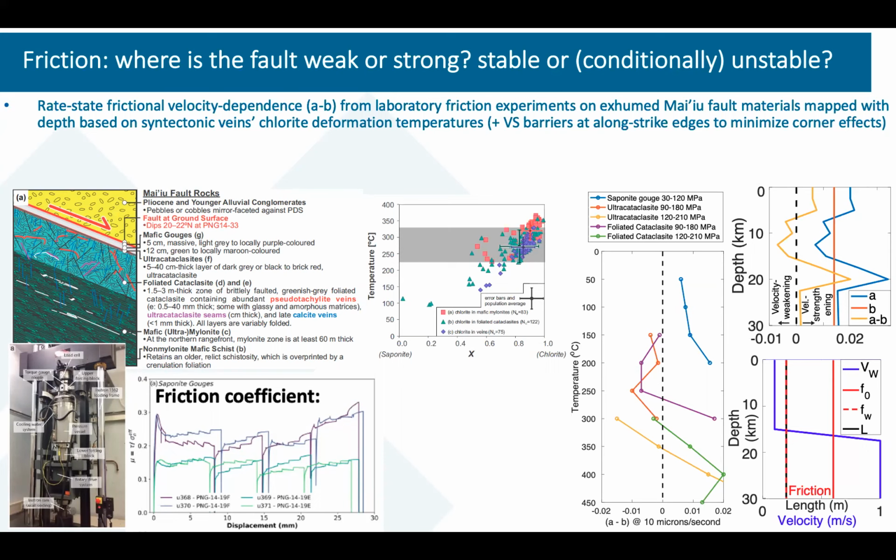And so we can map then different fault rock units with temperature and then with depth, and then apply the friction properties, the rate state friction properties from the lab, mapping all of those with depth into a nice little A-B profile, like this one over here on the right. Then we apply pretty standard other friction parameters that we don't have as good of a handle on.